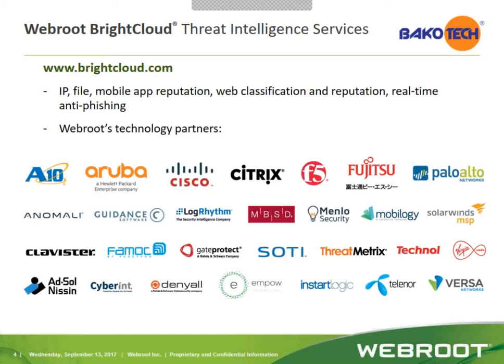Webroot offers a massive cloud service, which is called BrightCloud, and it offers a range of security services such as IP, files, mobile apps, reputation, or web classification. Webroot is trusted by industry-leading partners who use the service to protect their networks and use the BrightCloud reputation services, and those partners are such as Cisco, Palo Alto, F5, or Citrix.